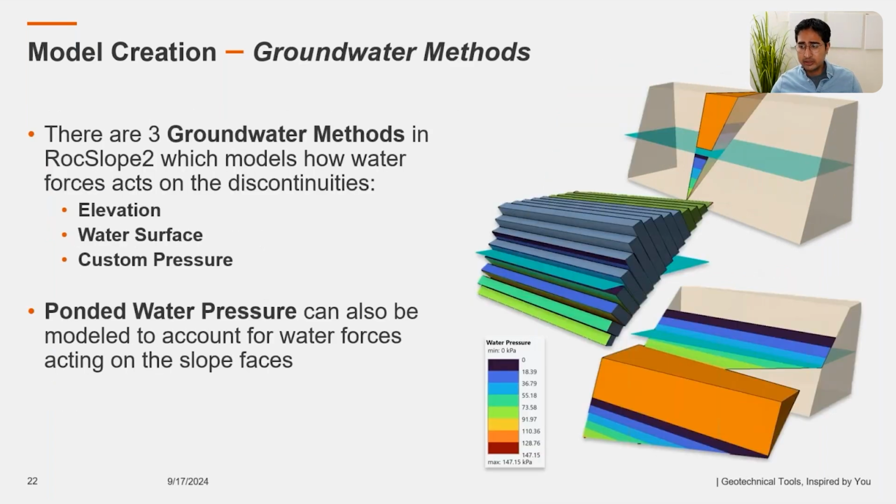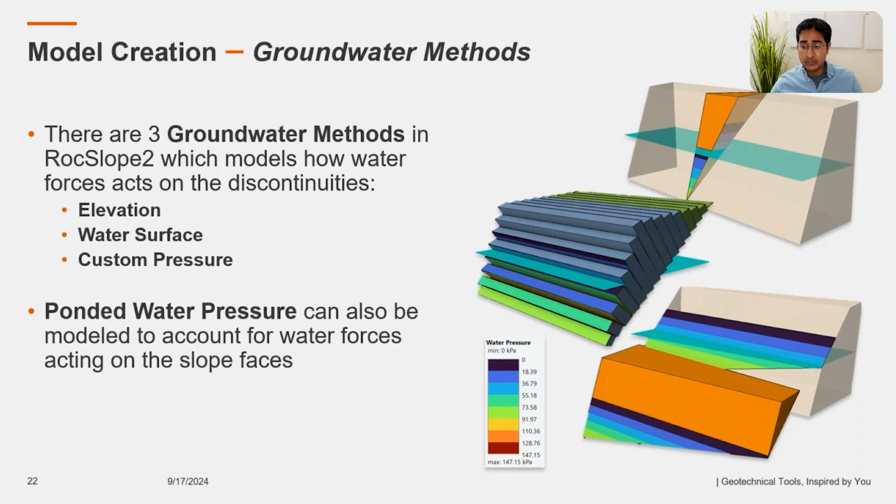Another important factor in the determination of your rock slope stability is the presence of groundwater. There are 3 groundwater methods in RocSlope2, which model how water forces act on the discontinuities. We have the elevation option. This essentially allows users to define an elevation, and hydrostatic forces are applied to all submerged portions of block joint surfaces.